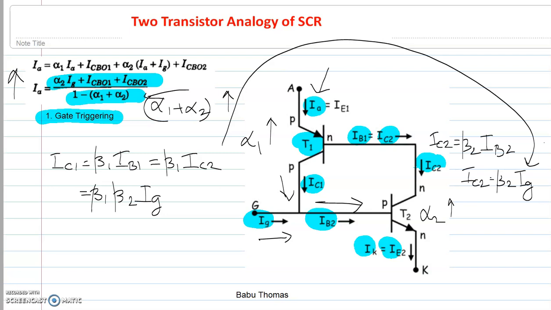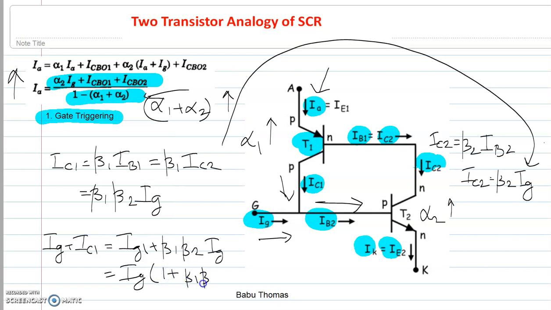Therefore I can write it as IG plus IC1 is equal to IG plus beta 1 beta 2 IG, which is nothing but IG into (1 plus beta 1 into beta 2).